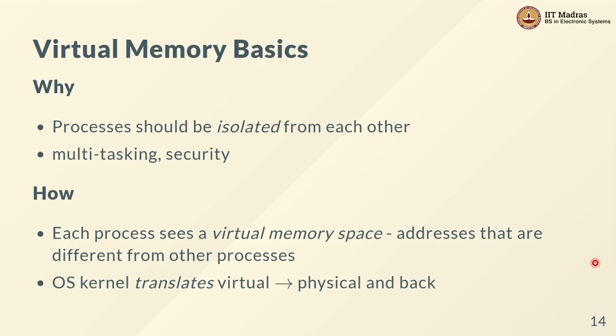Okay, so now if we assume that the motivation for virtual memory is there, what does virtual memory mean? It means that when somebody is using a pointer, someone else should not be able to guess what physical memory that pointer actually corresponds to.